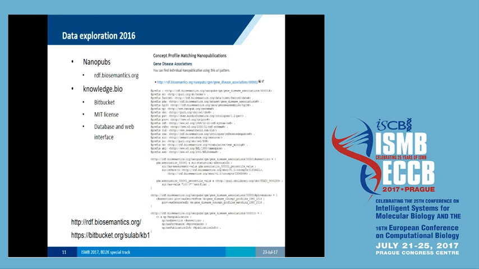They created an application where they loaded all of Semantic MEDLINE, and we also loaded part of the nanopublication dataset into knowledge.bio. You can get knowledge.bio on Bitbucket. It has an MIT license. It has a database and a web interface, and it's more of a human exploration of what you can do.